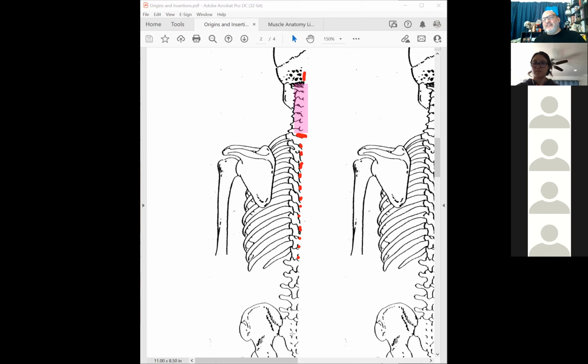And so it attaches to that as well. It doesn't attach directly to the bones, but there is an elastic ligament over the top of those that allows for this big, long, continuous origin. And again, notice it is big, and it is superficial, and it is superior in its location.